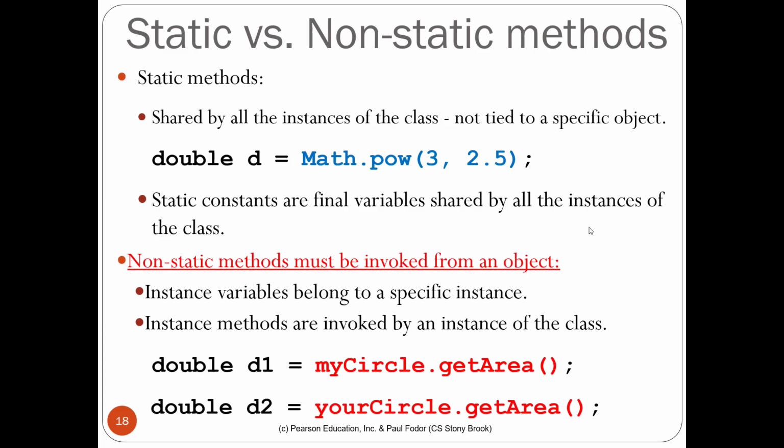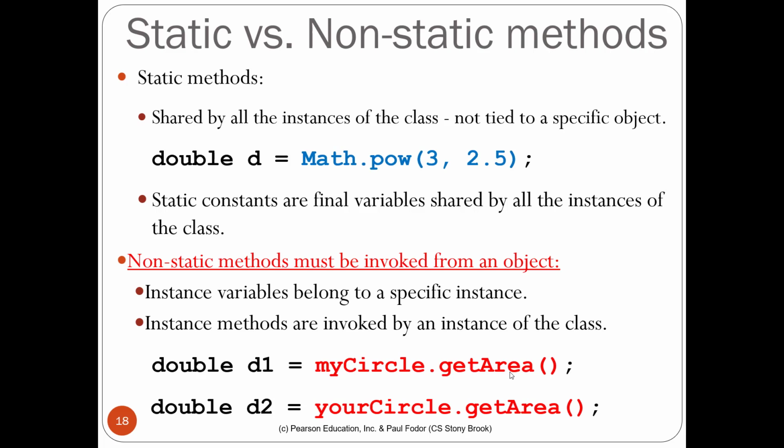Alright, so let's look at the example. GetArea was a non-static method. We did not have the static keyword in the definition of GetArea. So if you want to call GetArea, you should call that with the help of an object. MyCircle is an object that we created for the Circle class.